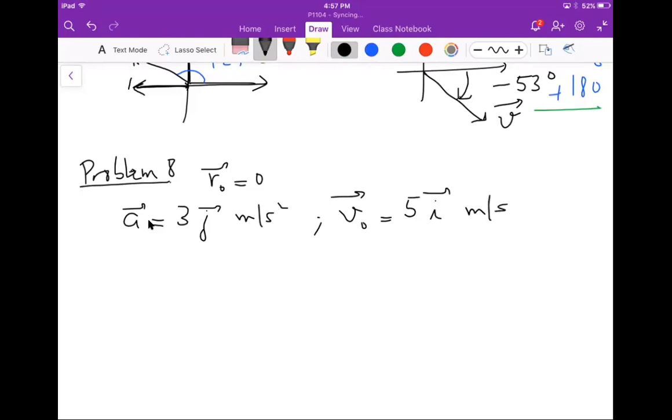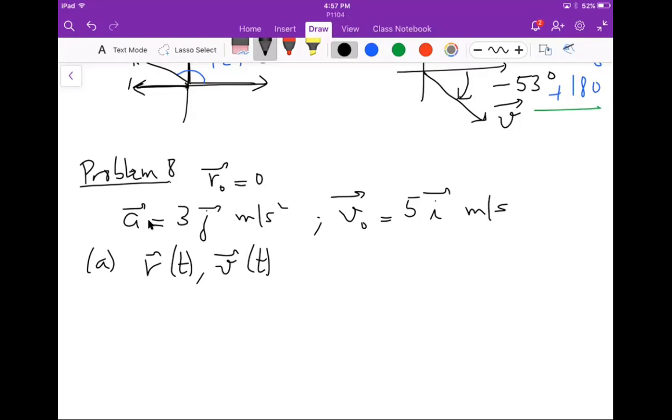Now in part A, you have to find the position and the velocity at any time. That means you have to find r as a function of time and the velocity v as a function of time. They say vector, but even if they didn't say vector, you would have to deduce it by yourself, since you know the a and v.